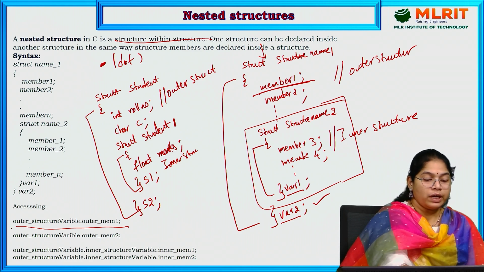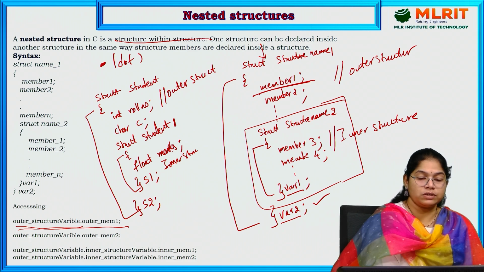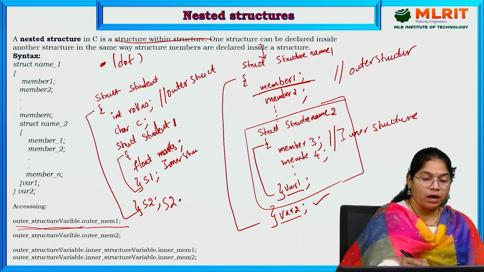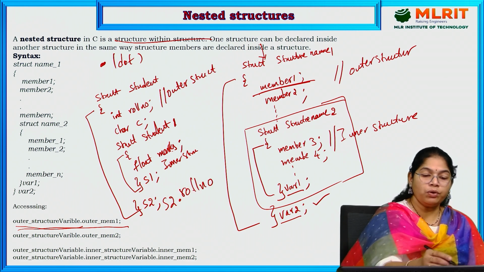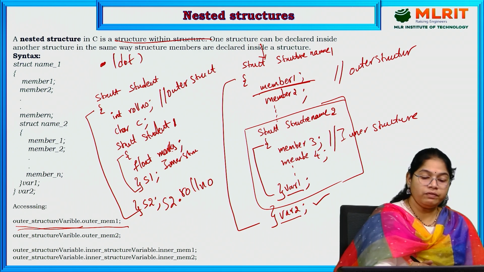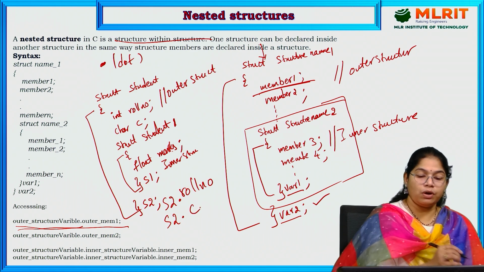So to access that, we have to use outer structure variable dot outer structure member. Here the outer structure variable is S2. The outer structure member is roll number. Then again, if I want to access the outer structure member C, then we use the outer structure variable, that is S2.C.